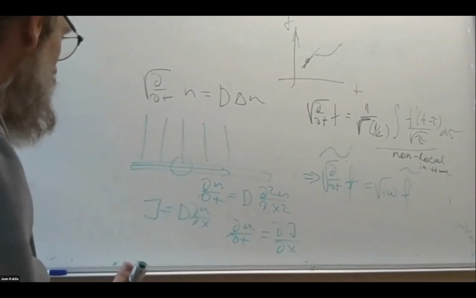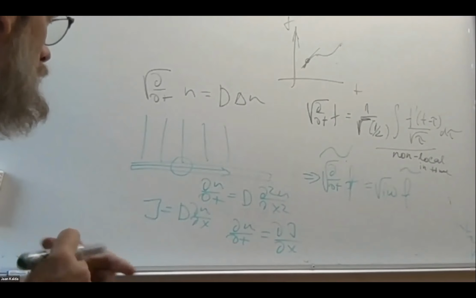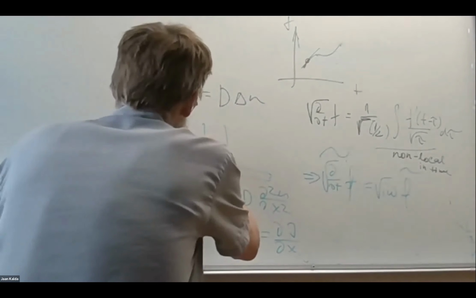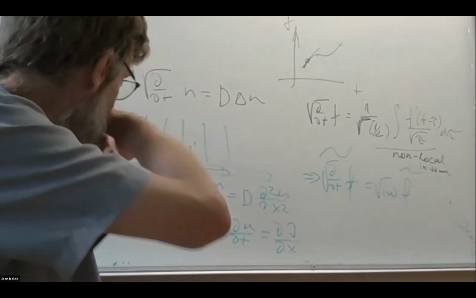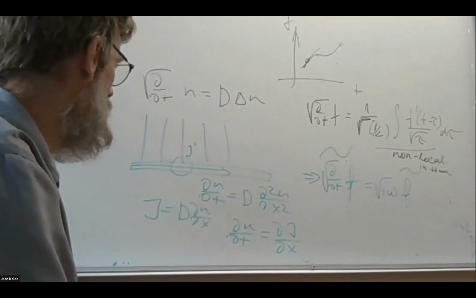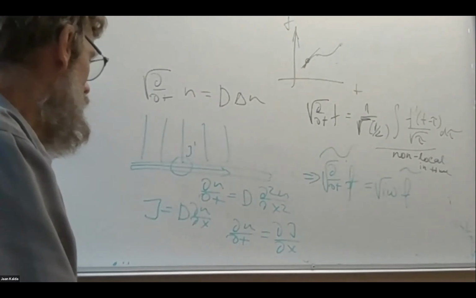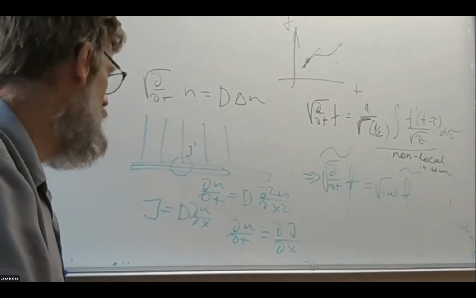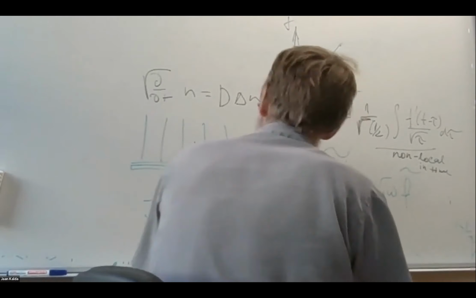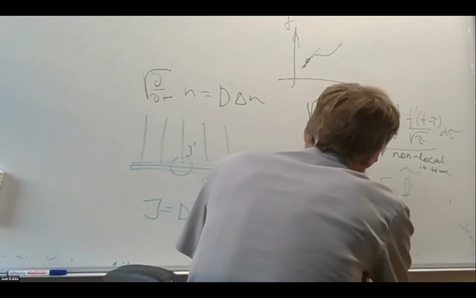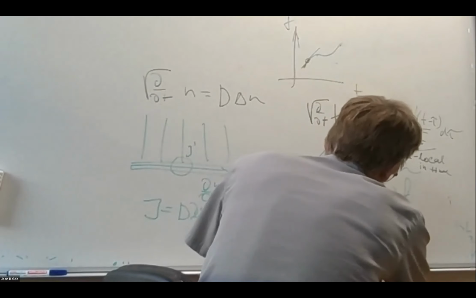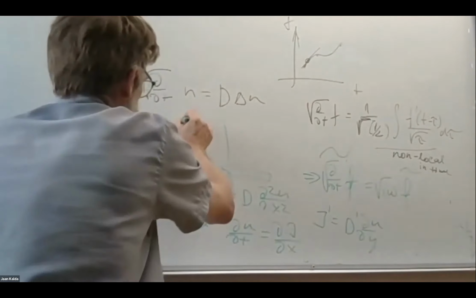What I need to know is J prime, the flux which goes into the dot. You might have a slightly different diffusion coefficient D prime there, so J prime is D prime dn over dy, where y is the coordinate along the dot.